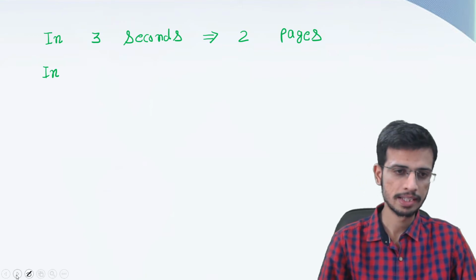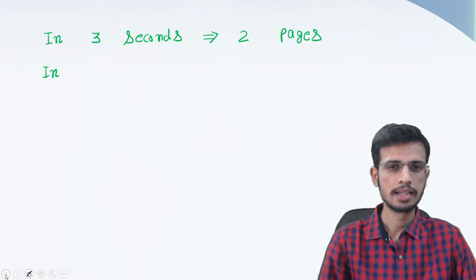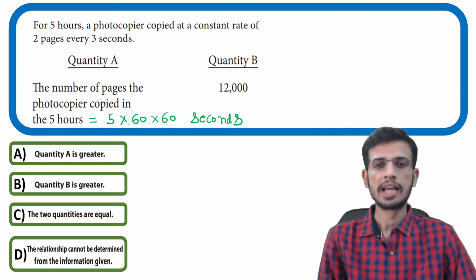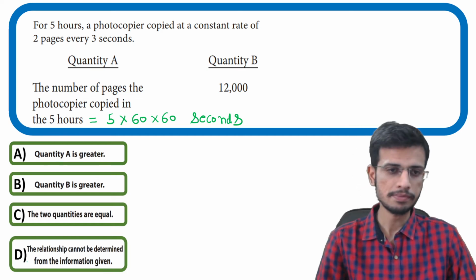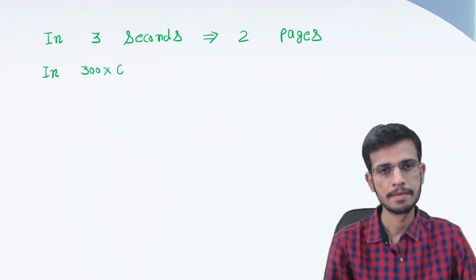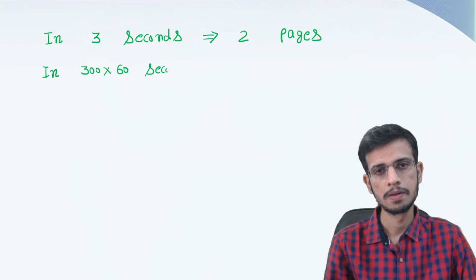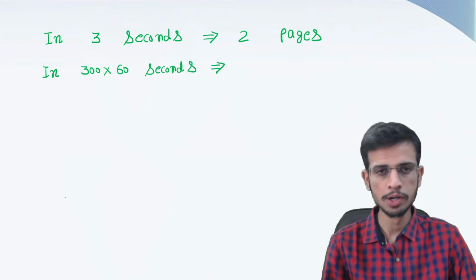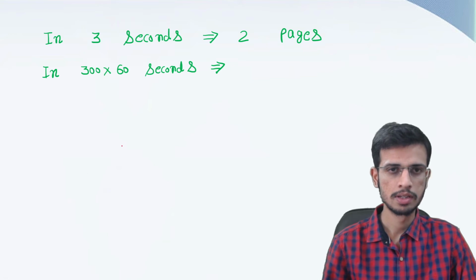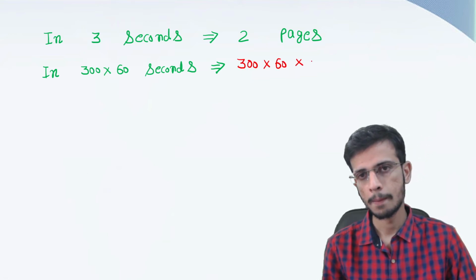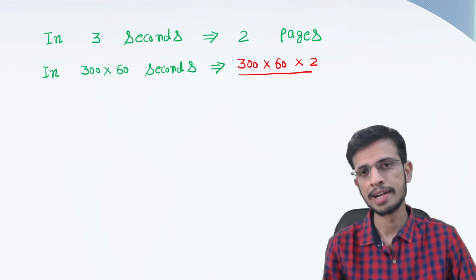So in 300 into 60 seconds, how many pages can the photocopier copy? That is equal to 300 into 60 into 2 divided by 3.